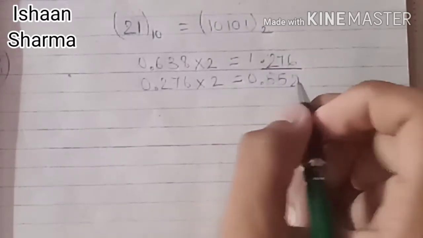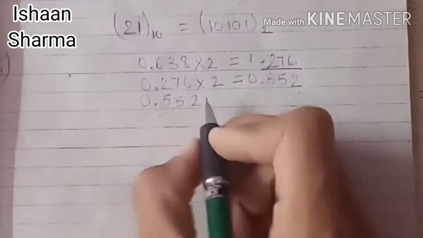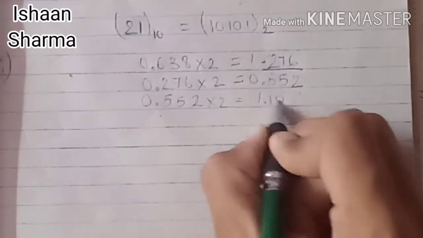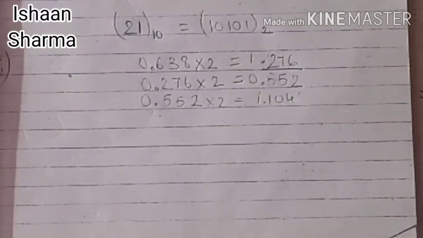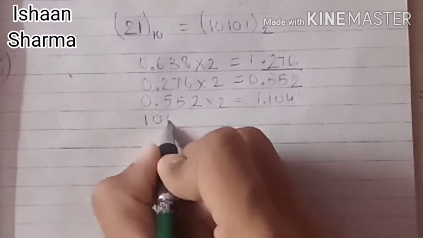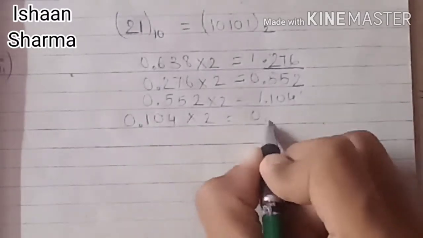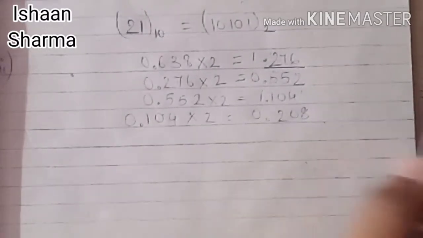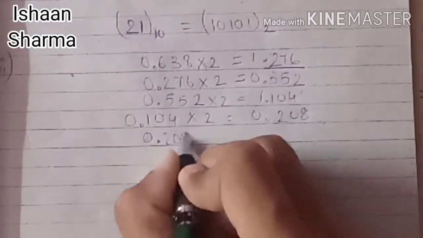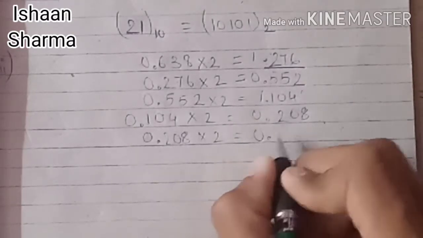Now 0.552 multiplied by 2 gives us 1.104. Now 0.104 into 2 gives us 0.208. Now 0.208 into 2 gives us 0.416.